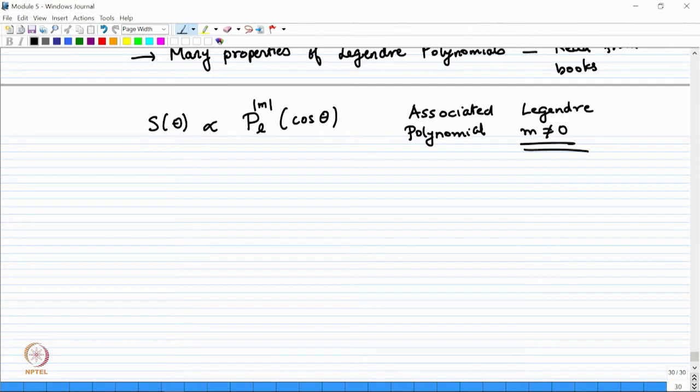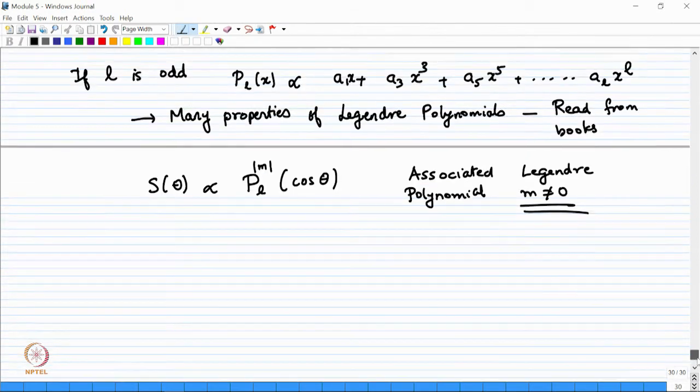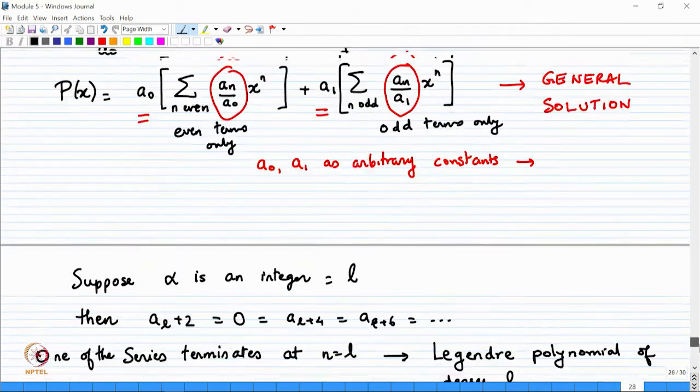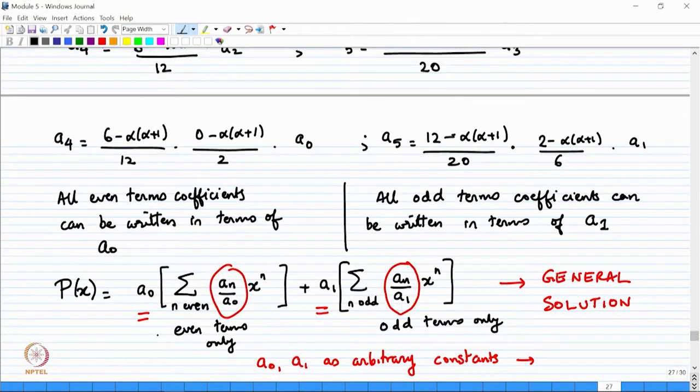Now it turns out that when you have two series, and alpha is an integer, then one of these series will terminate. As I said, A0 and A1 are arbitrary constants. So what is done is you take the series that terminates and use that as the required solution.